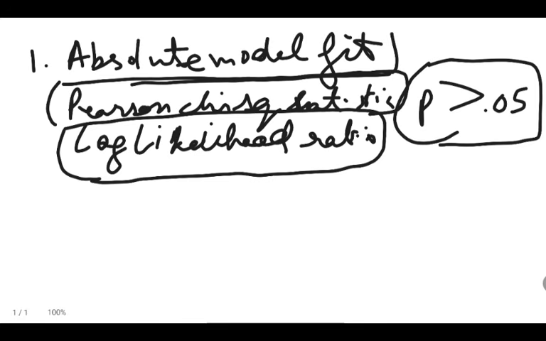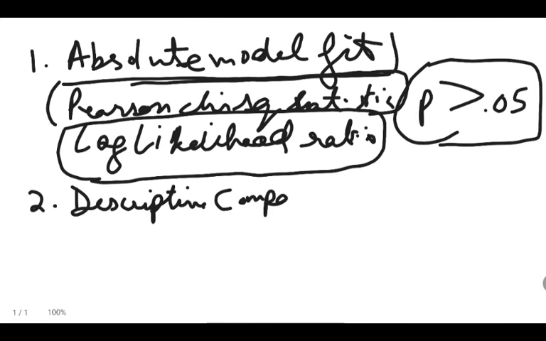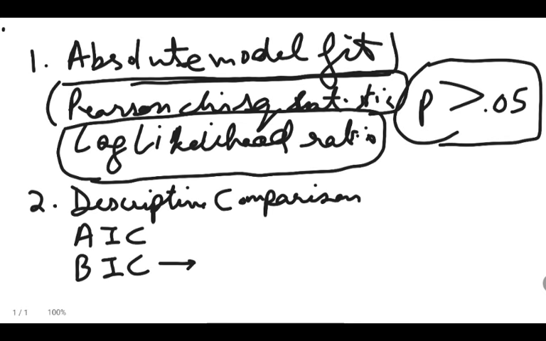So that is why we go on to checking the second criteria, which is descriptive model comparison. So what do we do in descriptive model comparison? In this, we check the values of AIC, Akaike's information criterion, and Bayesian information criterion. Now, BIC is basically used for simpler models, but AIC can be used for complex models.